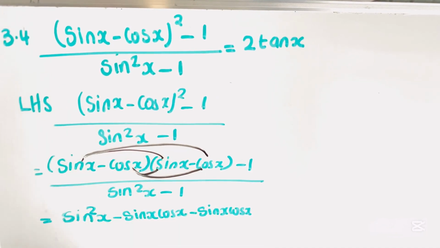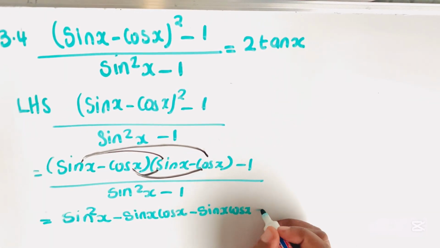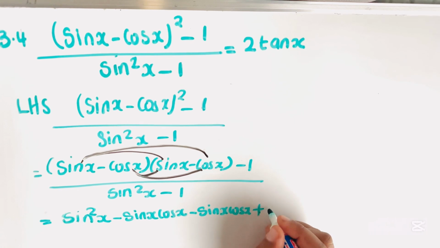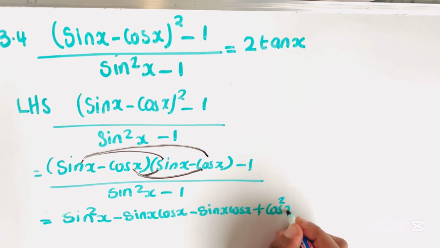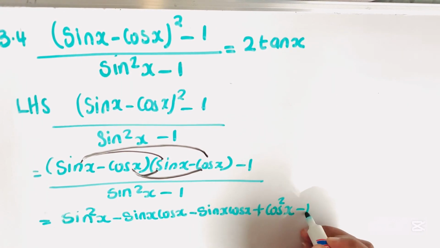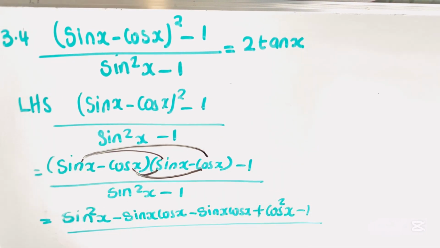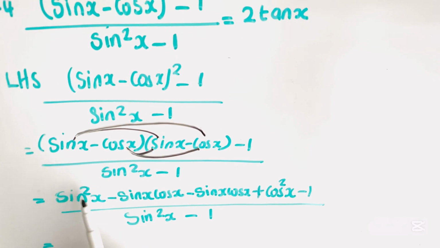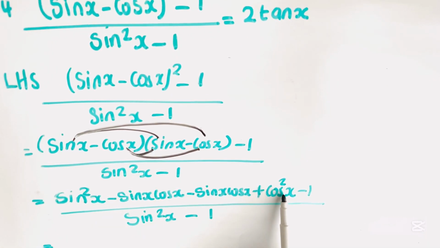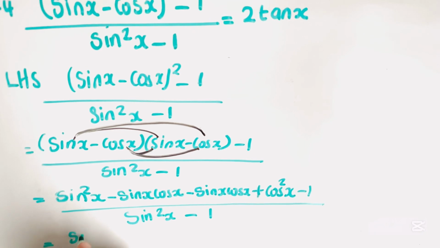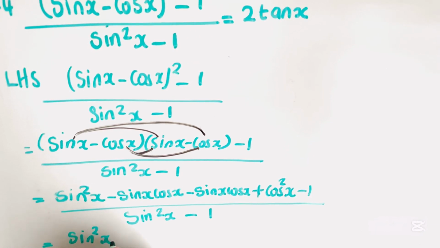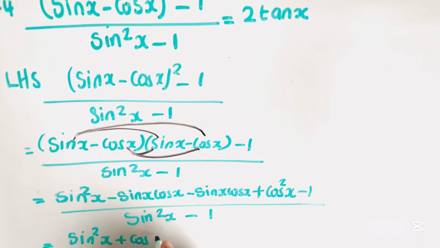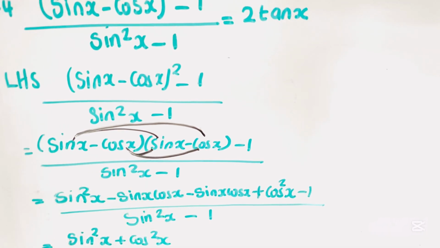Then negative cos times negative cos is positive cos squared x. Then we keep the minus 1, all divided by sine squared x minus 1. Positive sine squared and the positive cos squared. Let's group the sine squared x with the cos squared x, understanding that this is the trig identity.